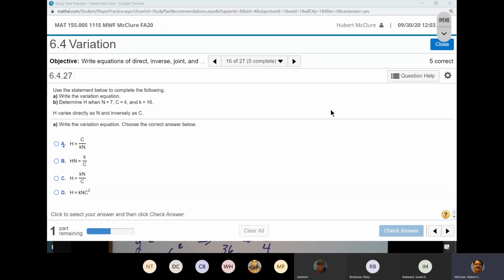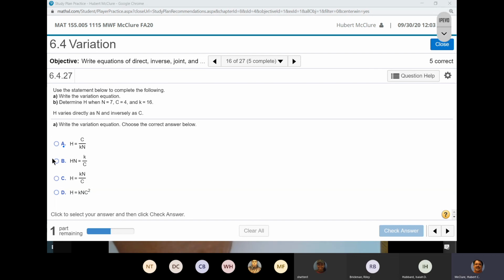Okay. All right, well, it's about time. Let me go ahead and do one more. H varies directly as N and inversely as C. This is the one that's mixed. So I'm going to rewrite inverse and directly. So that means K over X. Okay, so that's going to be KX over Z. That's what I was talking about.